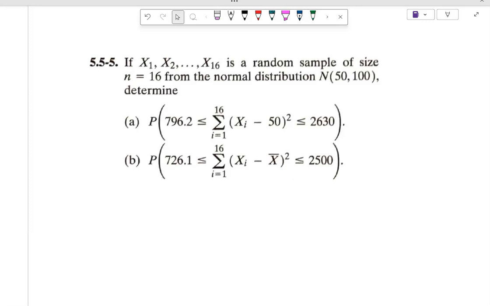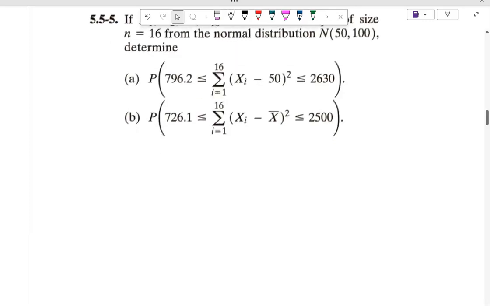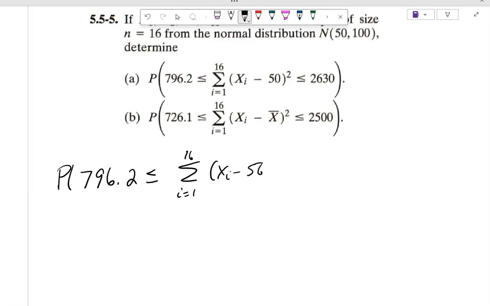So let's look at this first part, where they ask you the probability that 796.2 is less than or equal to the sum from i equals 1 to 16 of (x sub i minus 50) squared, which is less than or equal to 2630.